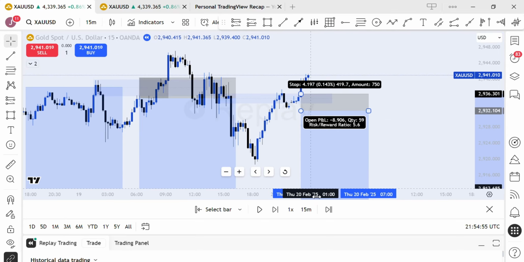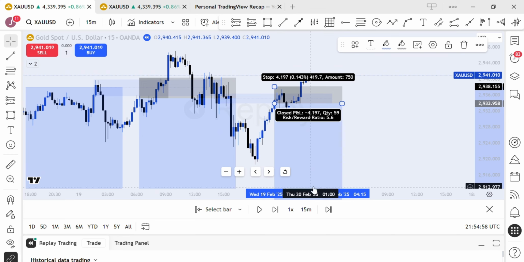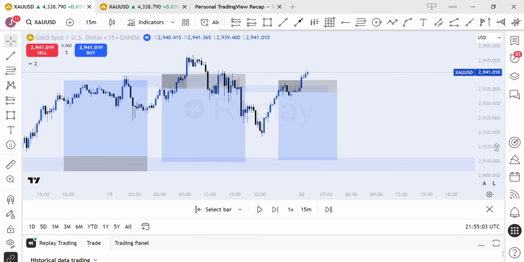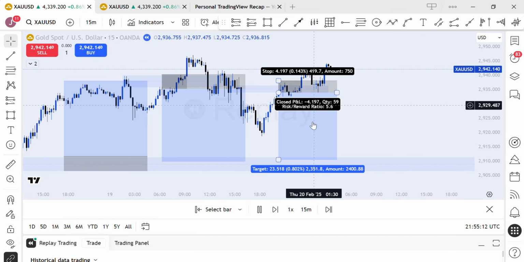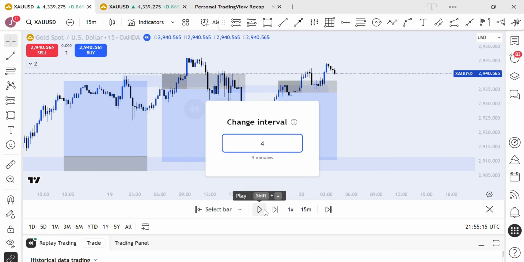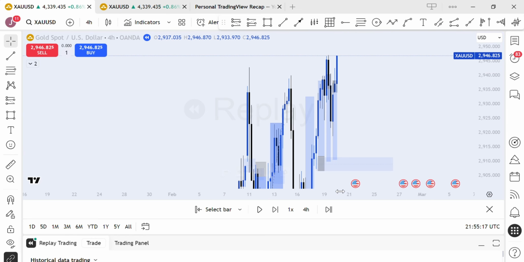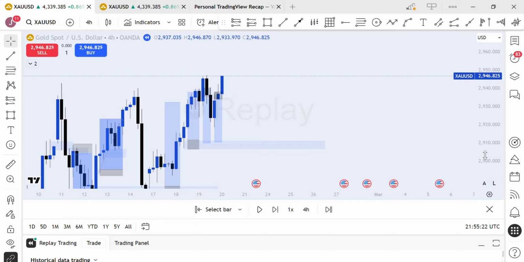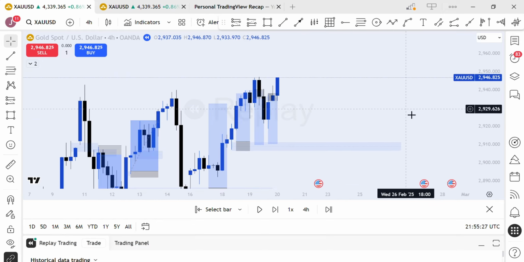Okay, another SL hit. So back to back SLs, back to back. All right. So price is still pushing up.